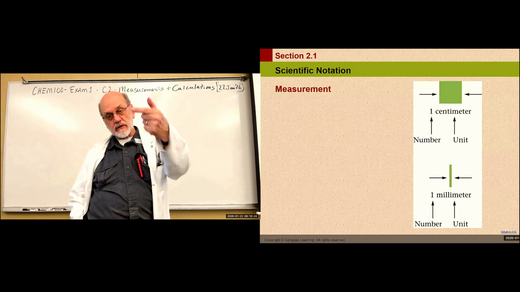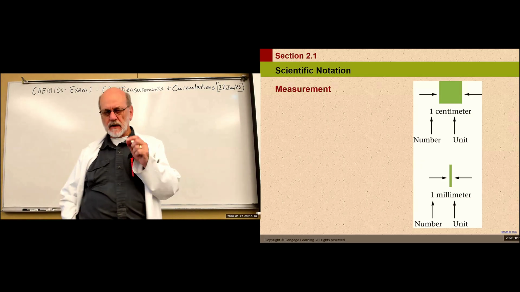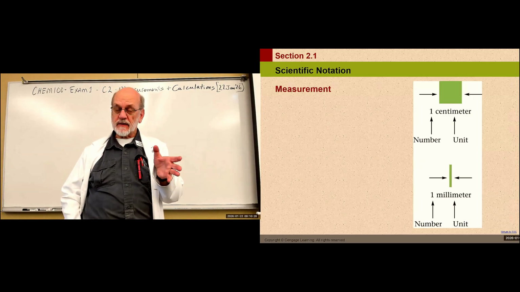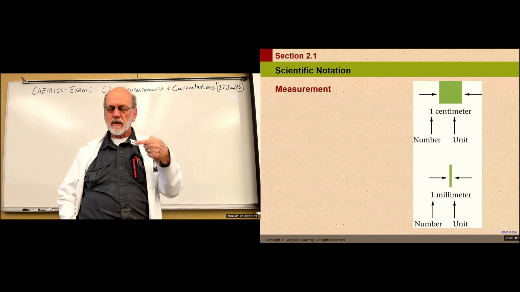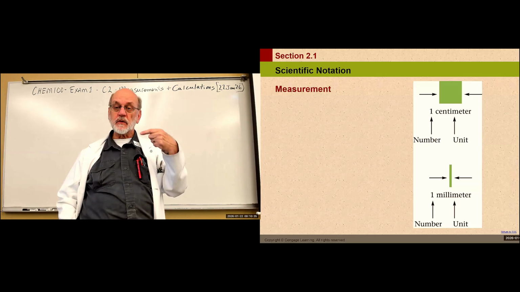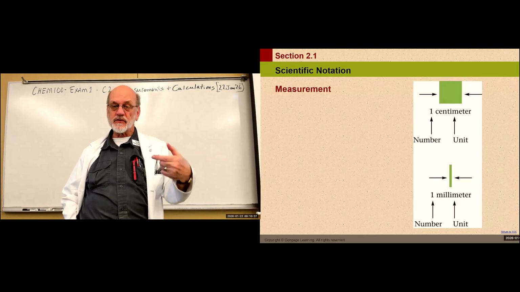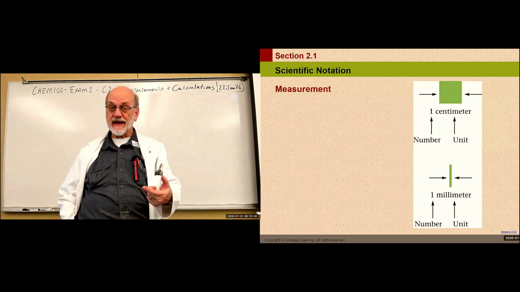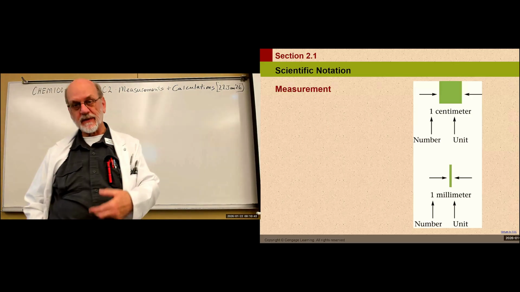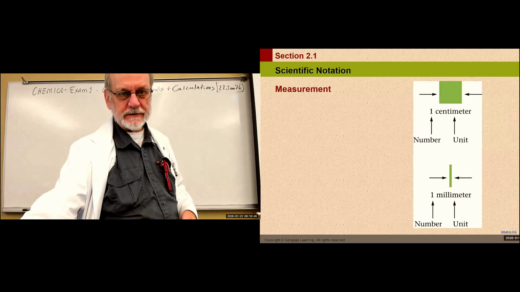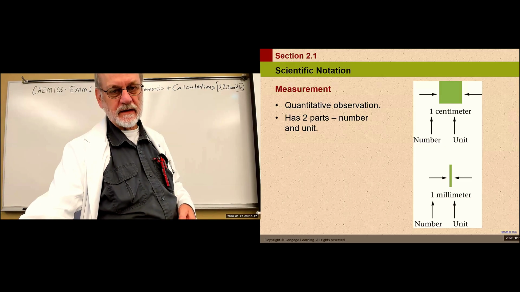So if you compare the two, you find that definitely they're smaller than a meter, but if we want to compare the centimeter and the millimeter, what's the difference between the two? Well, the difference between a 1/100th and 1/1,000th is a factor of 10. So a millimeter is 1/10 of a centimeter. All right.